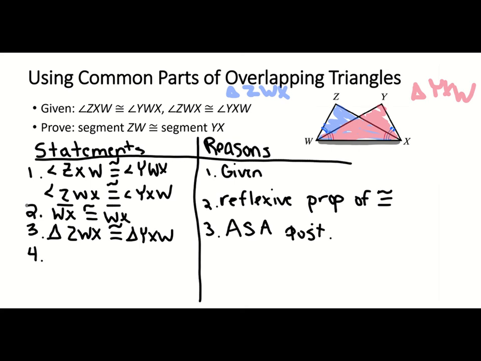And then once I do that, now I know that segment ZW is congruent to segment YX, and that's just going to be through CPCTC.